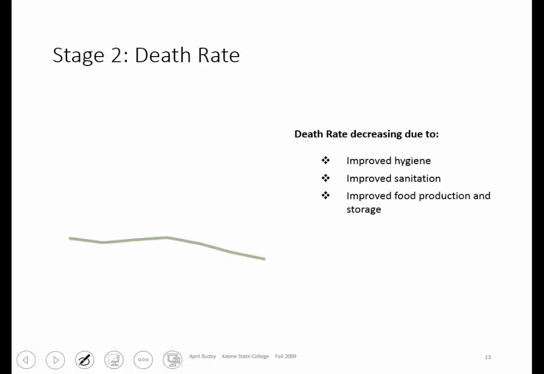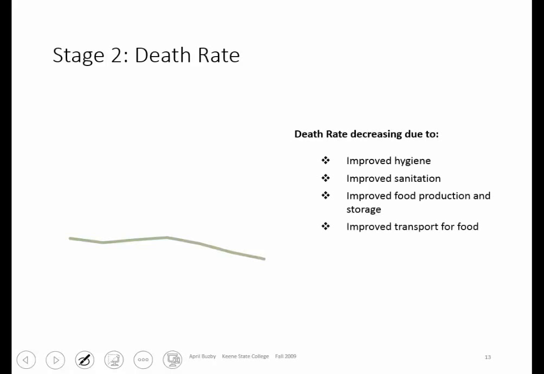Improved food production and storage. Storing food that doesn't spoil and doesn't have bacteria and parasites is important. First world food production and storage is a big reason why we live longer than a lot of the developing world, or even the primitive world, as they say.